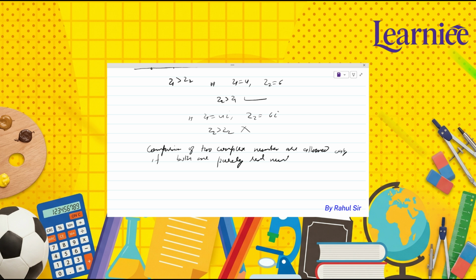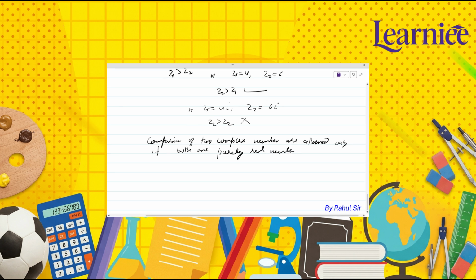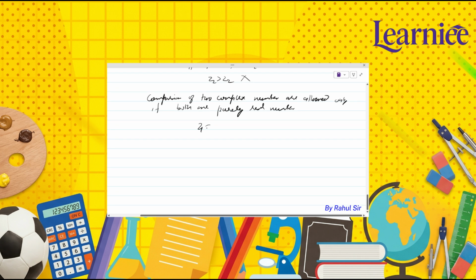Only then is it allowed. If someone says z1 is equal to 2 plus 3i and z2 is equal to 6 plus 9i, we can't say z2 is greater than z1. This is wrong. In general, inequality is not defined for complex numbers.